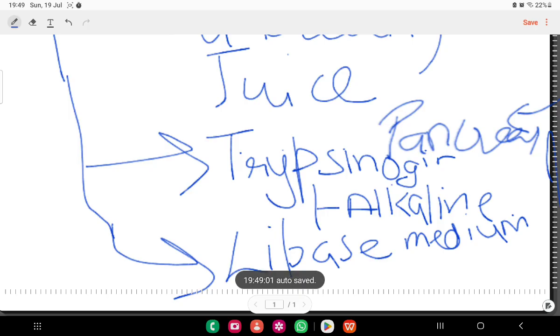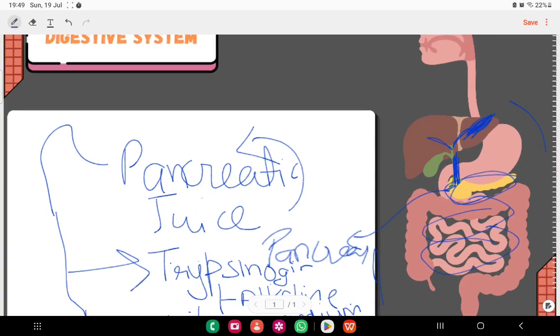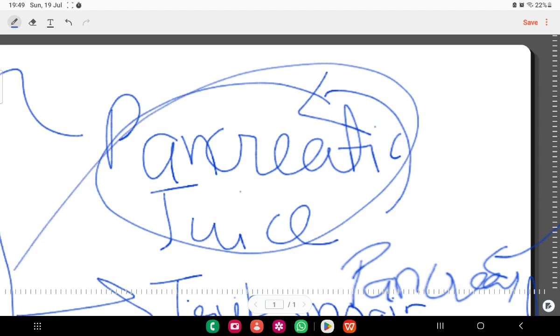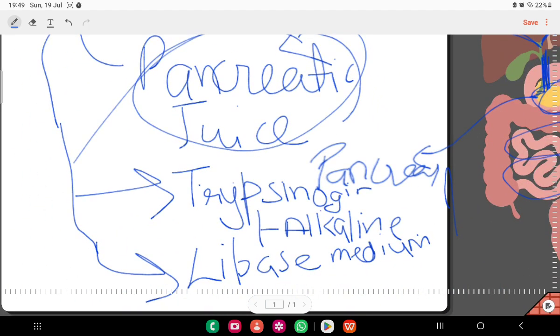So they need an alkaline medium to happen, and this alkaline medium is provided by none other than the pancreatic juice. Yeah, pancreas is a goat, I'm not gonna lie. So the pancreatic juice creates an alkaline medium, and then trypsinogen becomes trypsin.